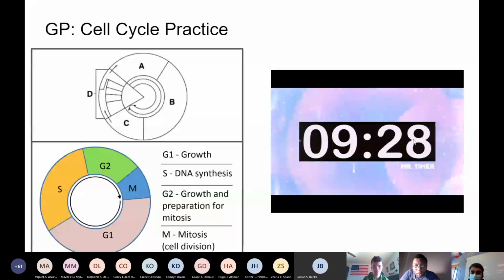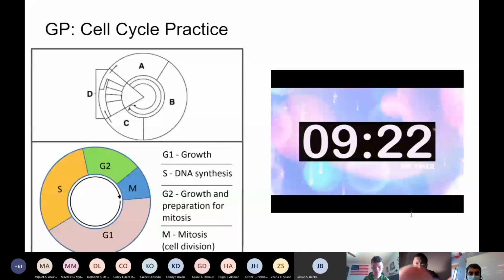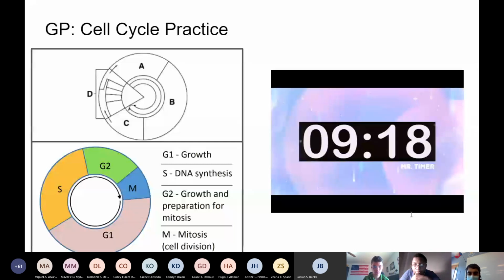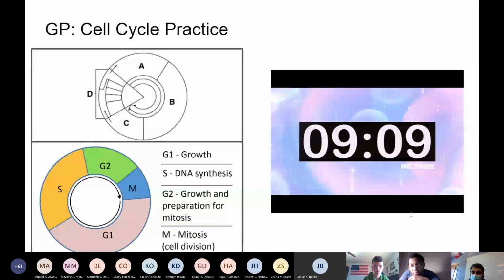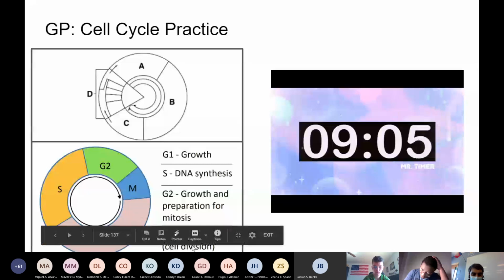Okay, if you did the exit ticket already, you can move on to your CK through 12. The reading, if you need it, I can post a link for it in the chat box as well.